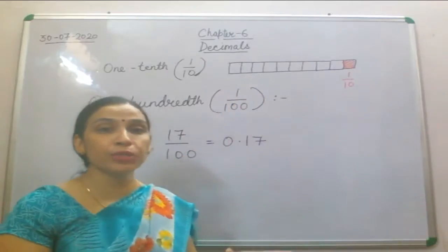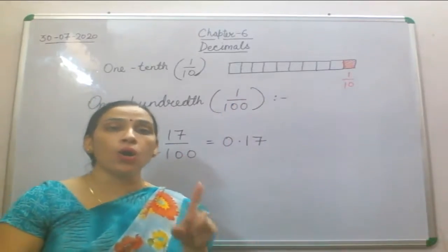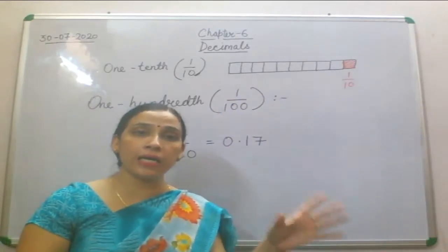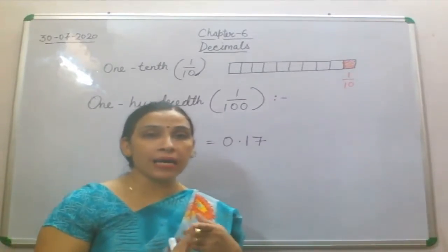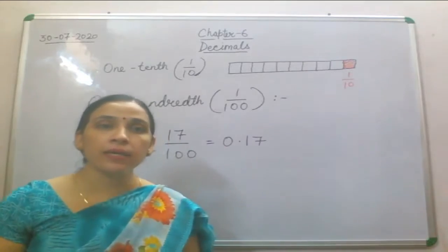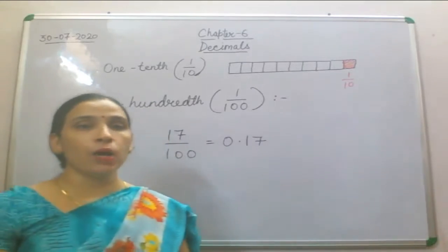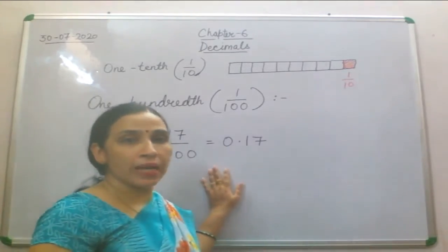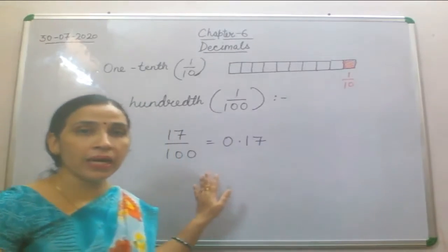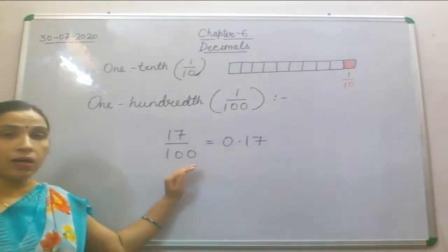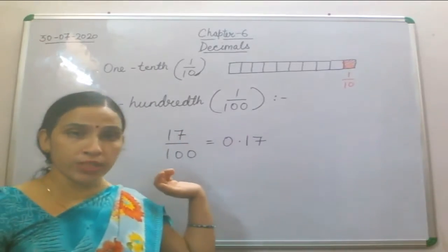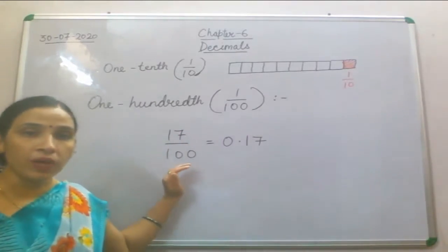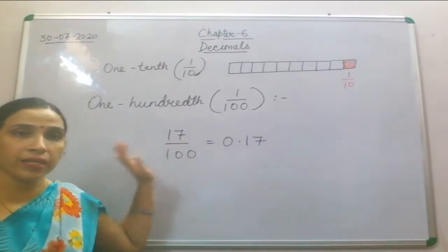You are going to shade one portion out of that 100 equal parts. So that will become 1/100th of that particular part. Now for 17/100, out of 100 you have to shade 17 portions.